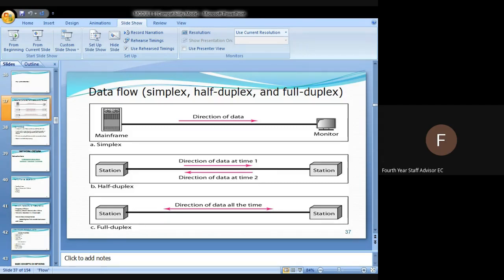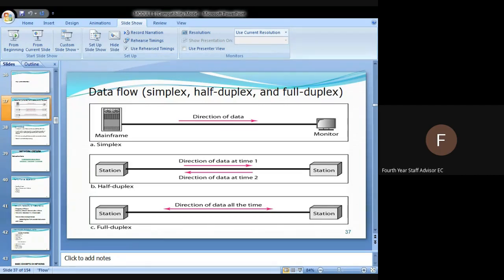Half duplex means both the stations can transmit as well as receive, but not at the same time. At a particular time, only one station will be transmitting, and the others have to wait. So it is like a one lane road. The capacity of the channel is fully utilized by whoever is transmitting at that time.